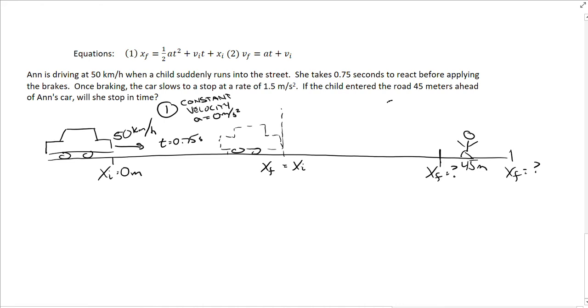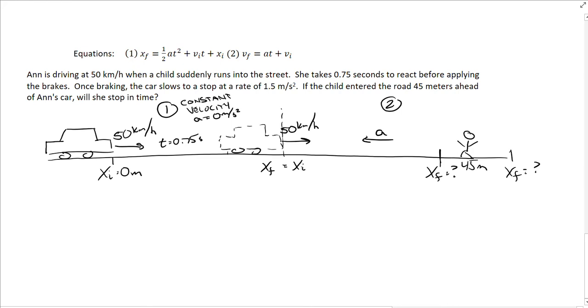Then in part 2, there is a leftward acceleration to slow the car down. There's something pushing on it to slow it down. That car is going to have the same 50 kilometers per hour when that phase starts, and hopefully that car is going to stop in time.